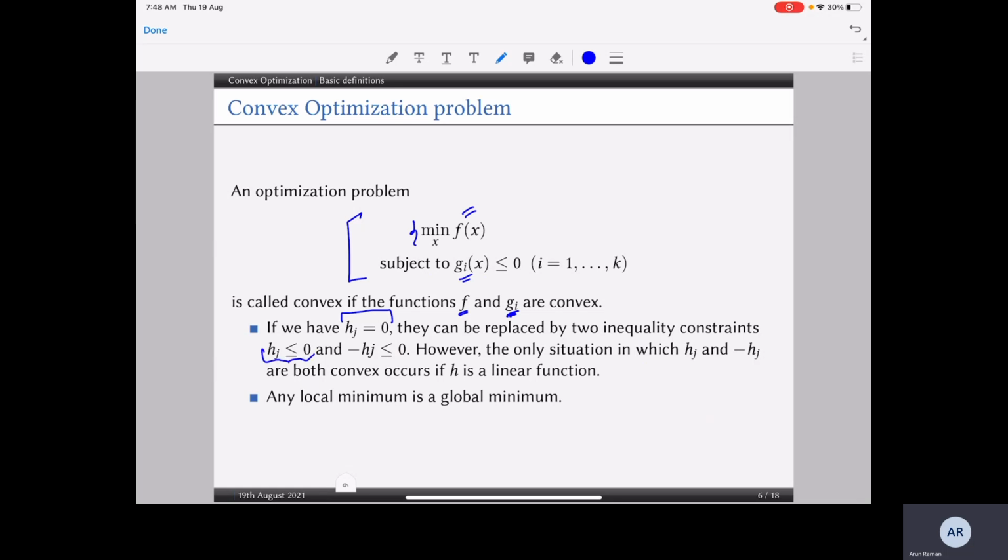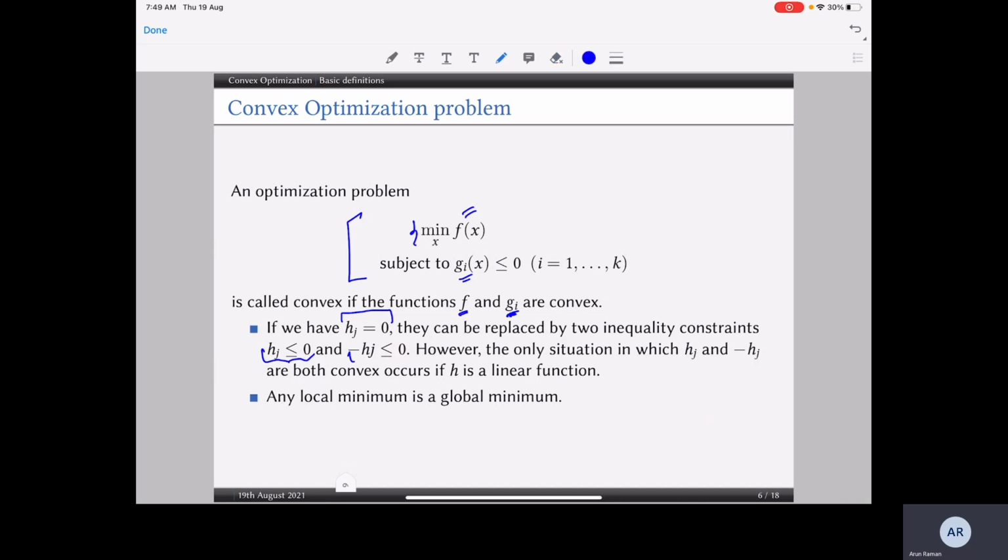One is hj less than or equal to 0 and the other is minus hj less than or equal to 0.